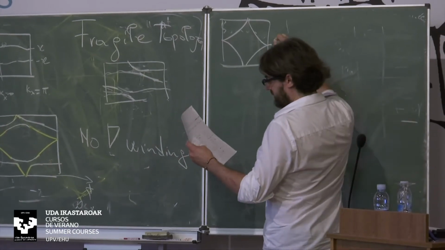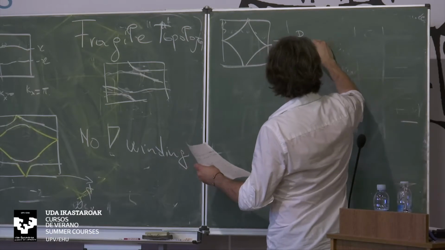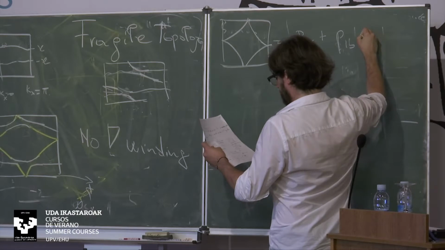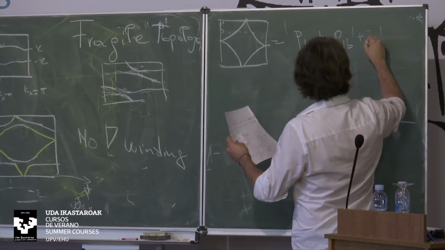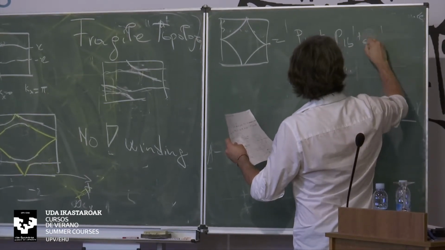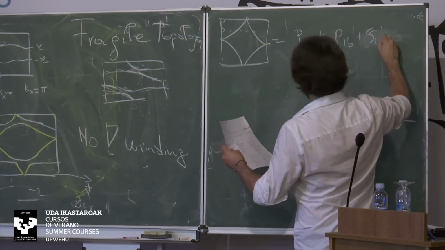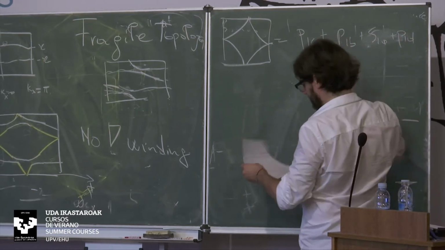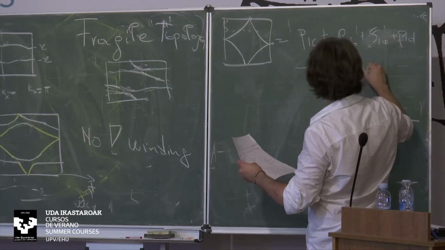is equal to P at 1C plus P at 1B plus S plus S at 1A plus P at 1D minus, and this is important, S at 1A plus P at 1A.